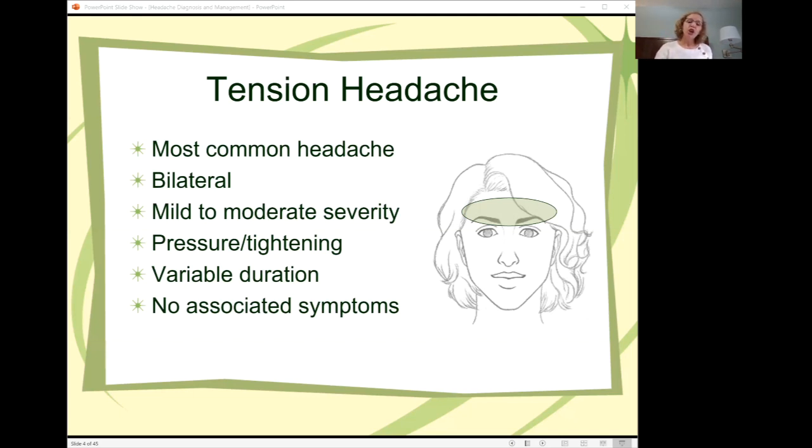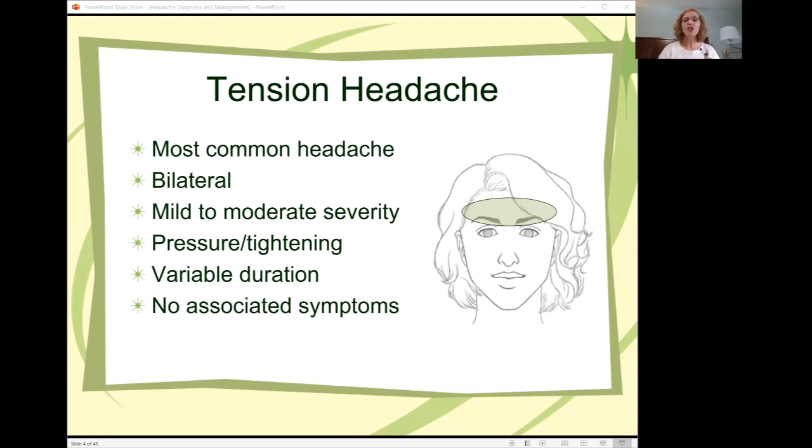This is a recurrent, dull, bilateral headache that's mild to moderate in intensity. It's described as having a hat band distribution, having a pressure or tightening quality in the area around the forehead. The headache lasts anywhere from 30 minutes to 7 days.